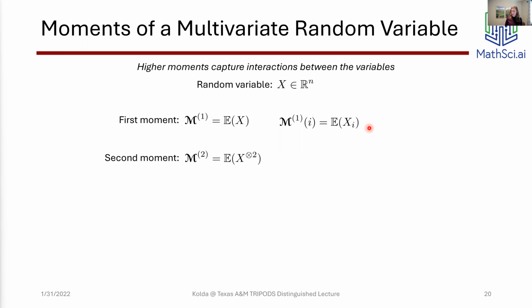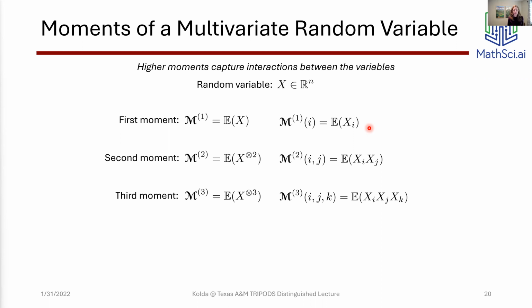You can do the second moment. That's the expectation of x outer product with itself. That's a matrix, and its ij entry is the expectation of the product xi times xj. The third moment is x outer product with itself 3 times, so its ijk entry is the expectation of the product xi times xj times xk.